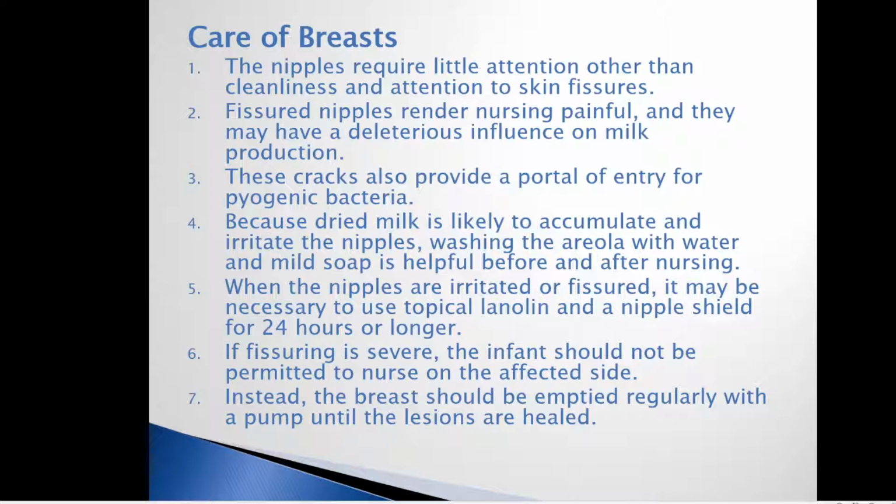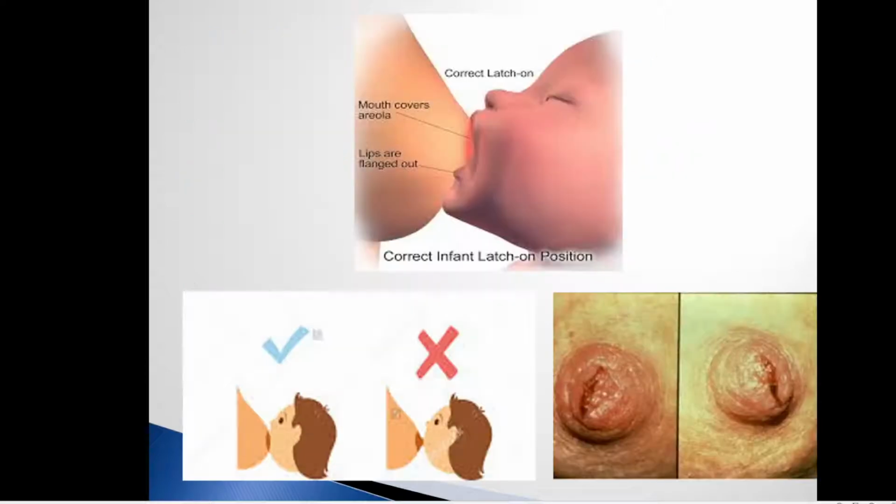The breast should be emptied regularly with a pump until the lesions are healed, and there must be a correct latch on. Not only the nipple, it must be the nipple with the areola.